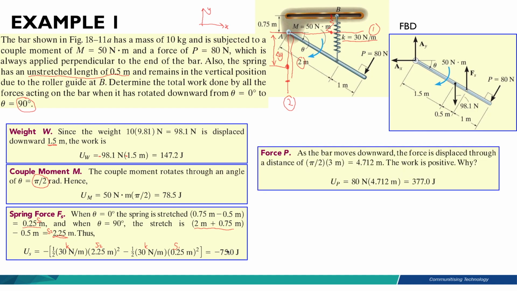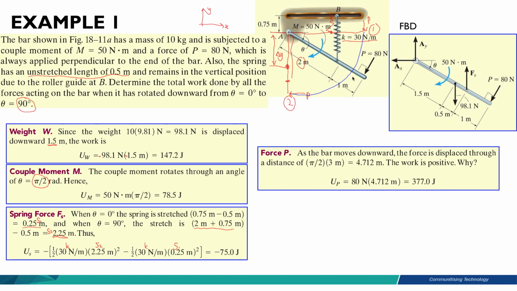Okay, next we calculate the work done by the force P here. The force P acts at the end. Initially the force P acts at this point, and finally the force P is acting at the end here. So we can draw the displacement of force P, something like this. It is like a quarter circle.